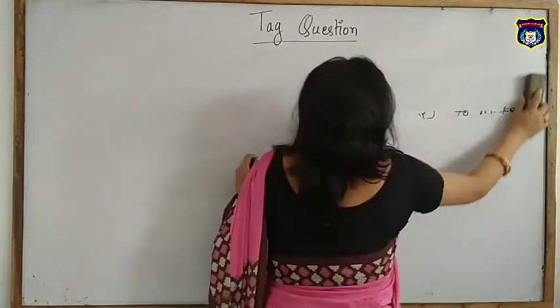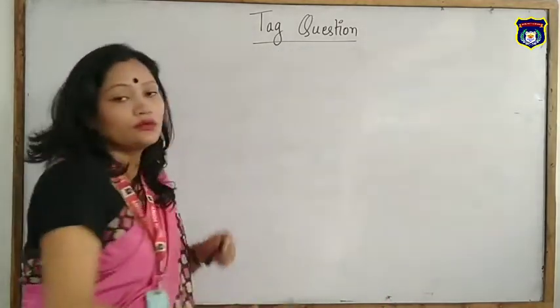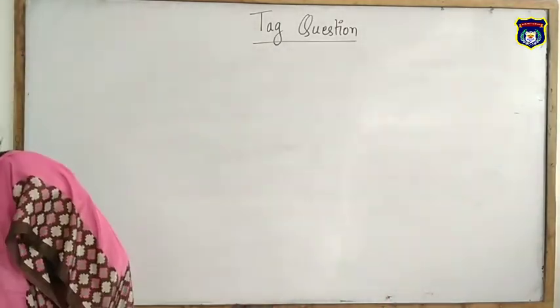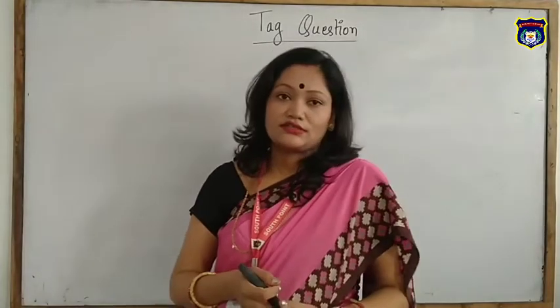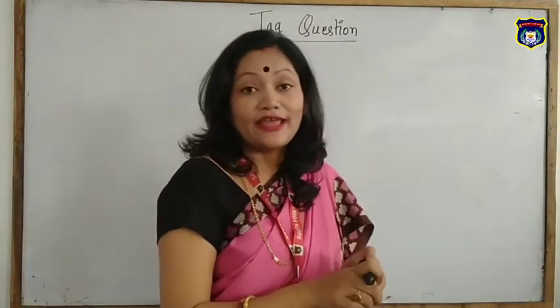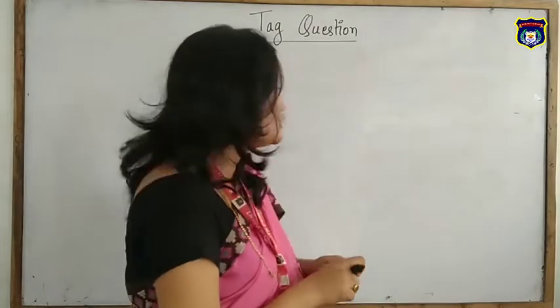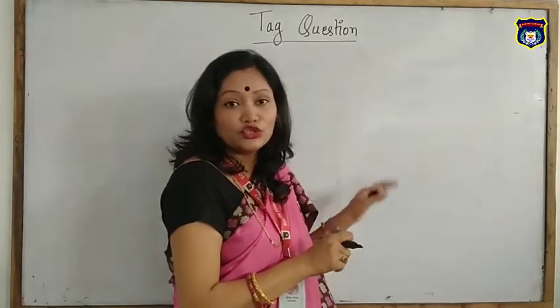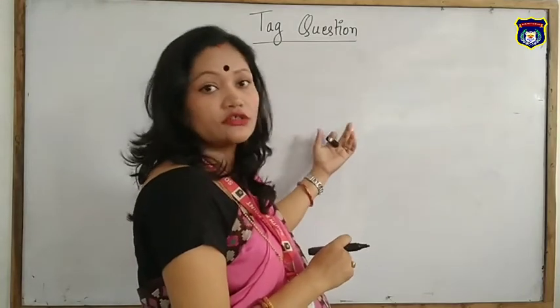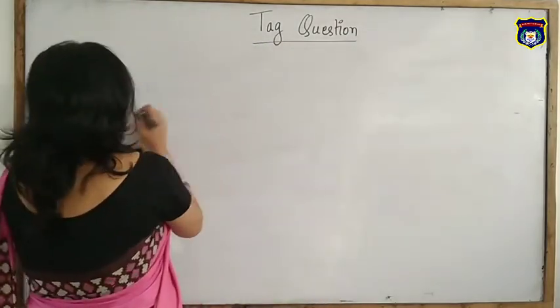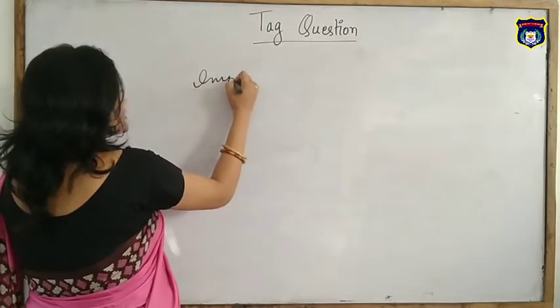So basically, we all know that imperative sentences are such type of sentences that give us an order or request. Yes, so we can have the tag of that as well, so as to ensure the confirmation of that statement, that order or that request. Now imperative sentences.